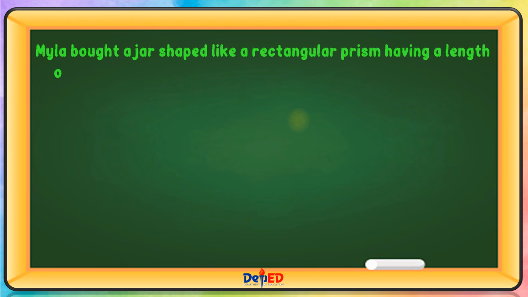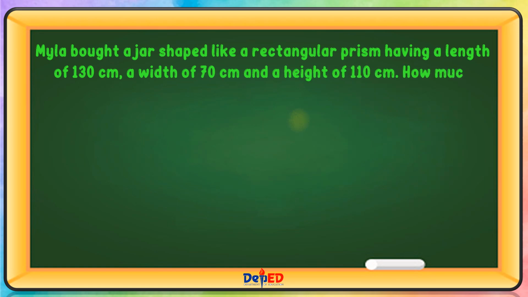Myla bought a jar shaped like a rectangular prism having a length of 130 cm, a width of 70 cm, and a height of 110 cm. How much water is needed to fill the jar?